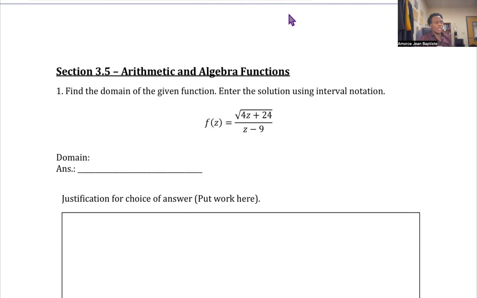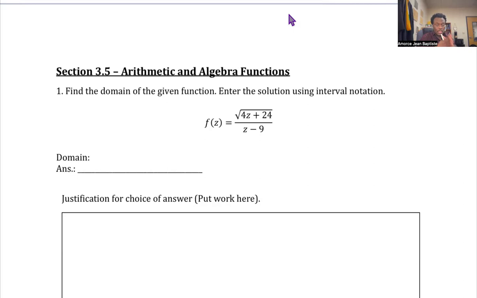But the one thing about when you're performing these operations, if you have two functions with two different domains, you may find yourself in a position to determine what would be the resulting domain for the function that you find. For example, you have two functions, f and g.